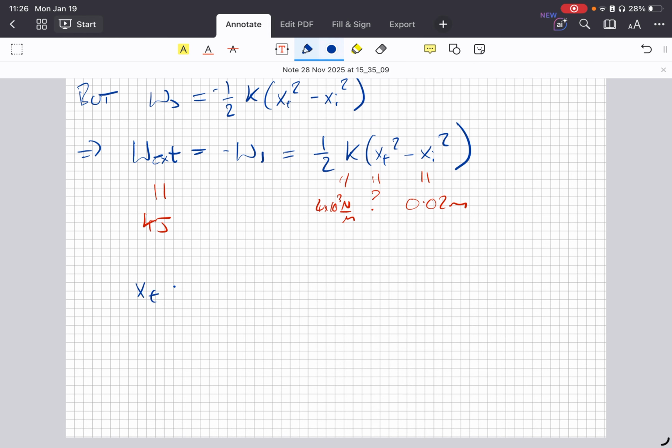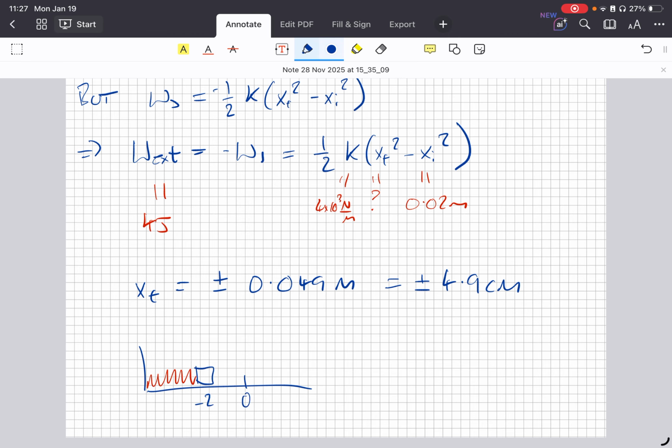But all of this comes out to give us that xf is equal to plus or minus 0.049 meters, or that's equivalent to plus or minus 4.9 centimeters. So you can do the rearrangement to get that just by plugging these numbers in, but just to think about what that means, we started off holding the block stationary at minus 2.